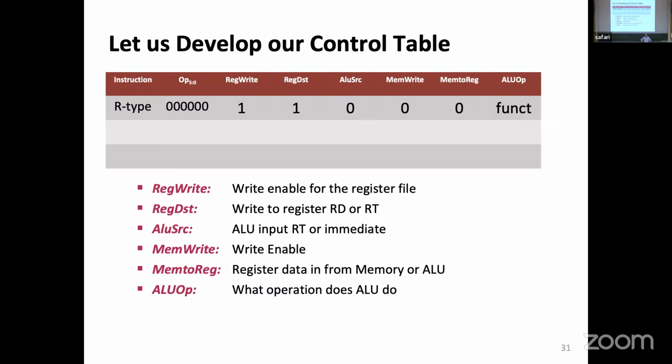That's why it's an R-type operation. There are 3 registers involved. We read from 2, we write back to 1. The ALU input will always come from the register file. I'm not writing to memory. The results don't come from memory, and whatever the ALU is doing is encoded in part of the instruction, in the lower 6 bits. I know it's boring.